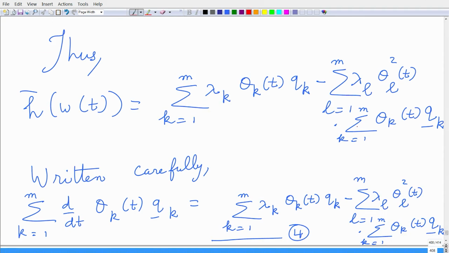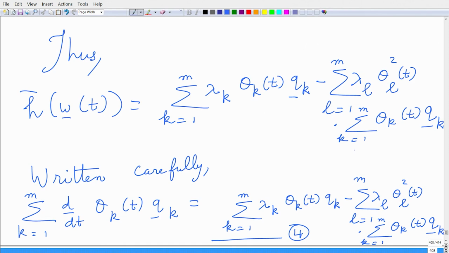Now what we have done, plugging all these things together, h bar of w of t can be simplified as summation k equals 1 to m lambda k times theta k times qk, which is this vector, minus this summation that has two terms, one going from L equals 1 to m, the other from k equals 1 to m.